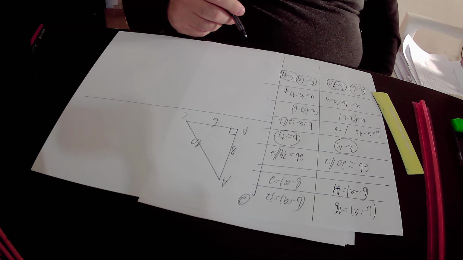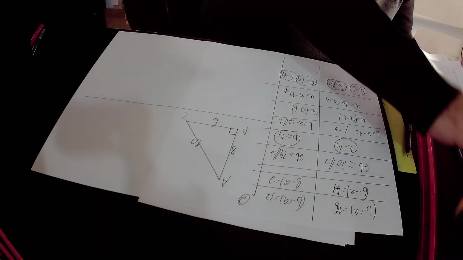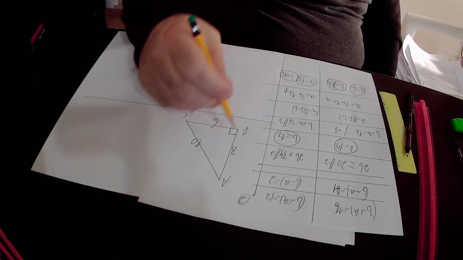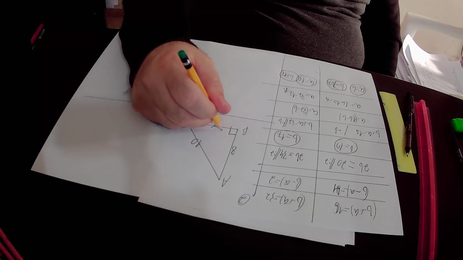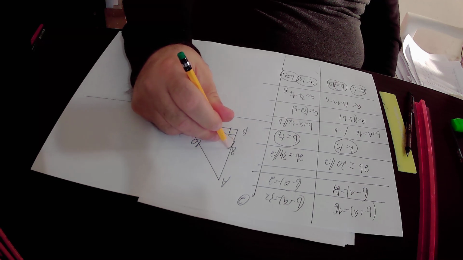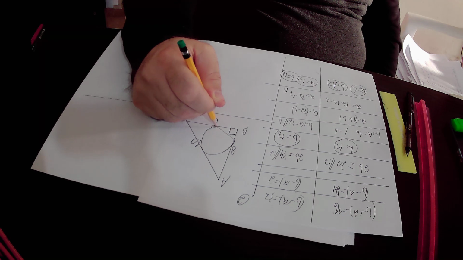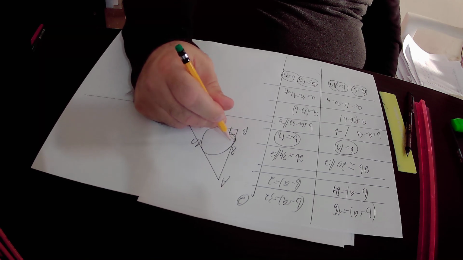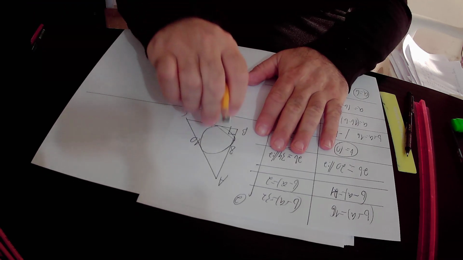Inside this right triangle, we have a circle that is inscribed in the right triangle. This is the circle inscribed in this right triangle. And our mission is to find the radius of this circle.